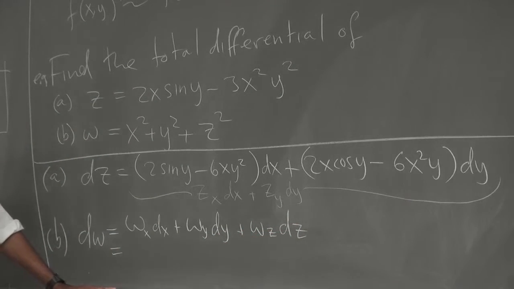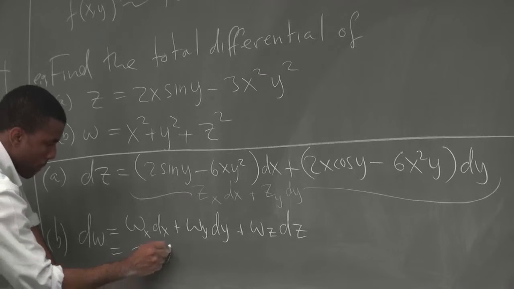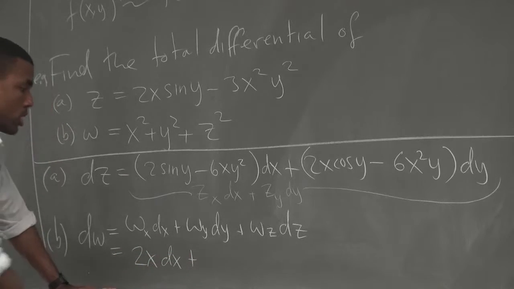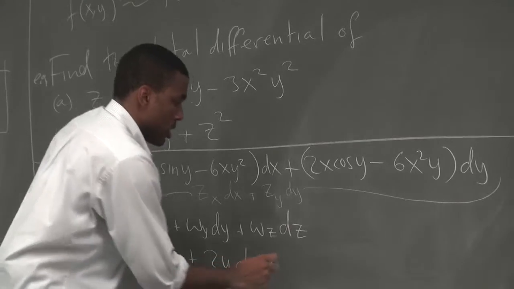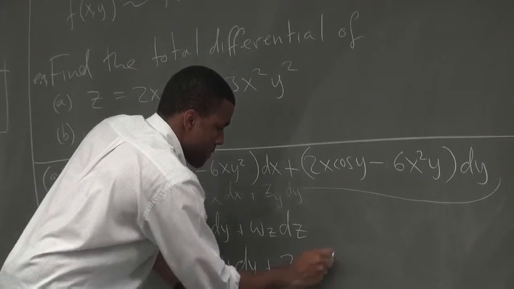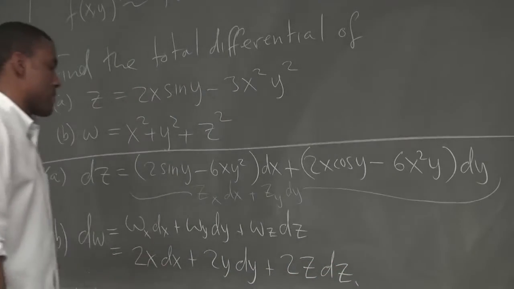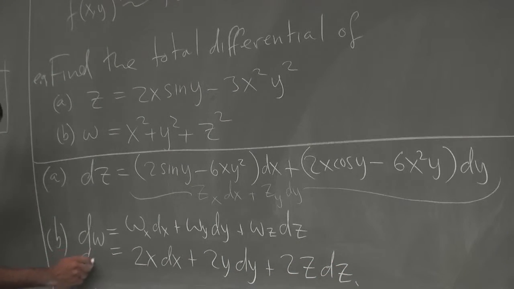W with respect to x is 2x. W with respect to y is just 2y. W with respect to z is just 2z. That's it. That's called the total differential.